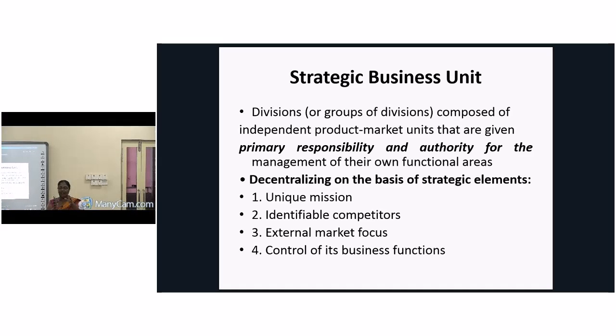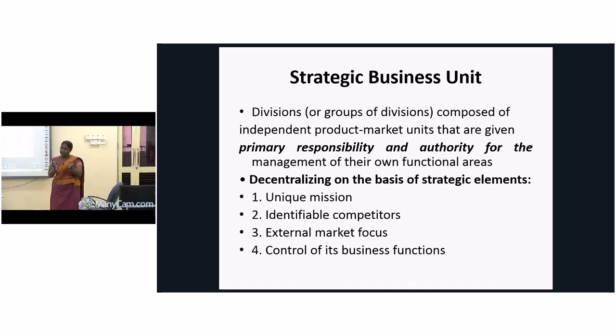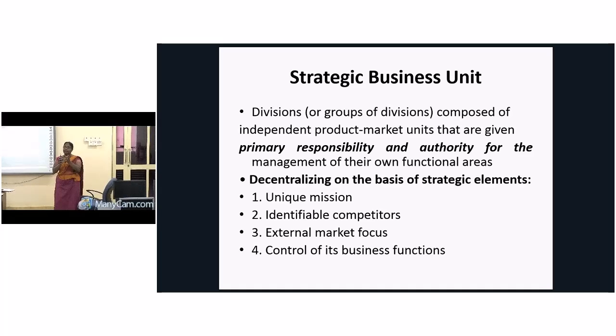They have their own management board, decision making board, governing body, and their own ways of accumulating funds. So, a unique mission, identifiable customers, their own market and also controlling functions. They are independent businesses but attached to Haley's, so they are called strategic business units.